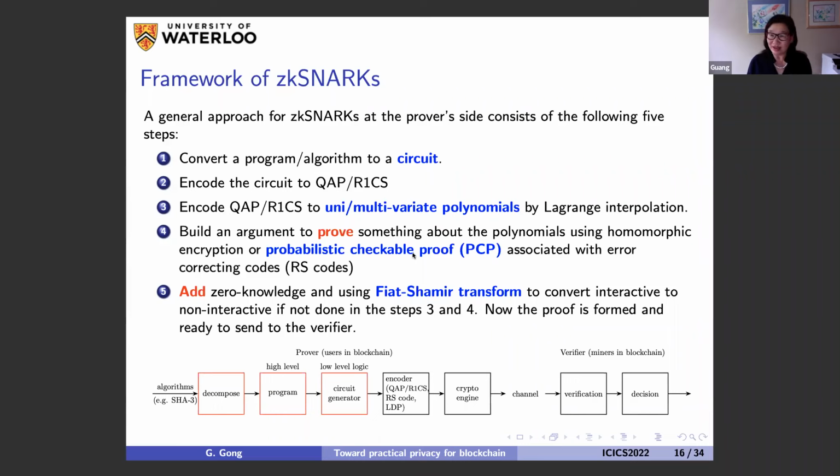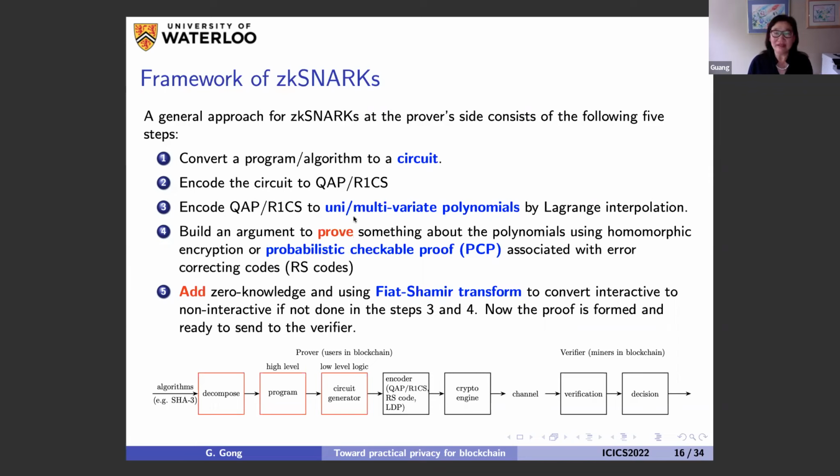There are two ways now: either based on homomorphic encryption, which relies on some hard problem, or based on probabilistically checkable proofs, PCP, which may be implemented with an error-correcting code, for example Reed-Solomon code. Then how about zero knowledge and non-interactivity? You add zero knowledge and use the Fiat-Shamir transform to convert interactive to non-interactive.